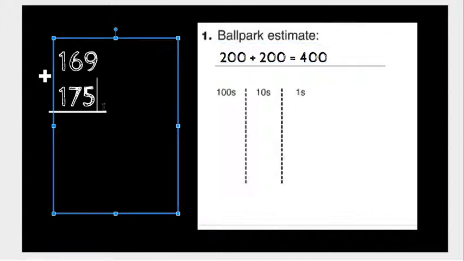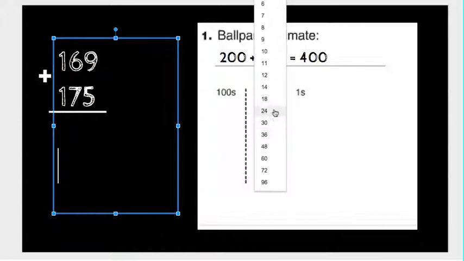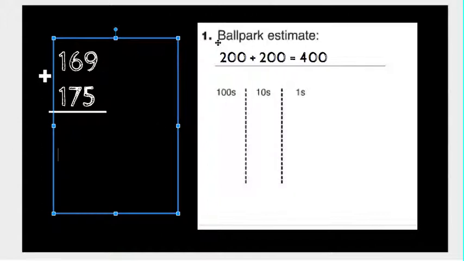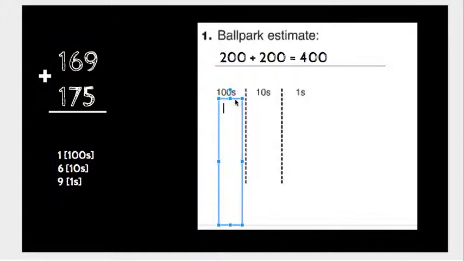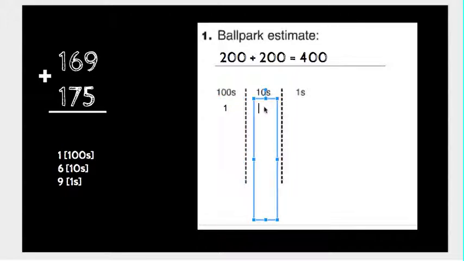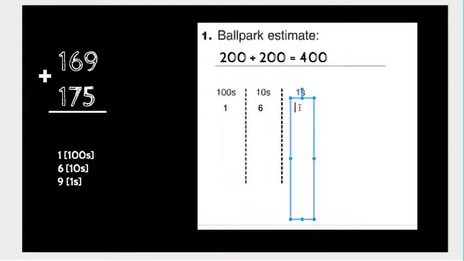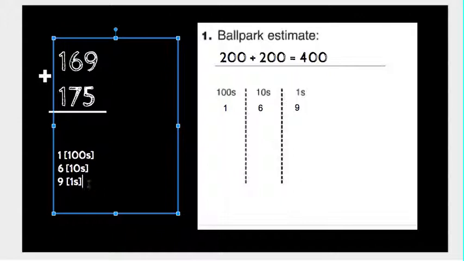If we take a look at our numbers, in the number 169, we have 1 100s, 6 10s, and 9 1s. So over here, we're going to write 1 100s, 6 10s, and 9 1s.